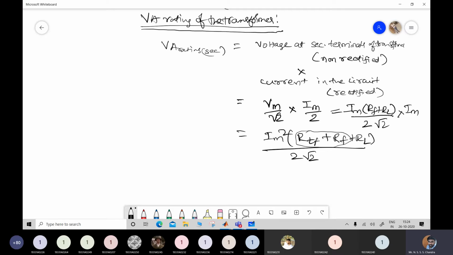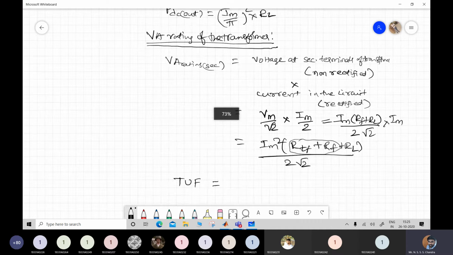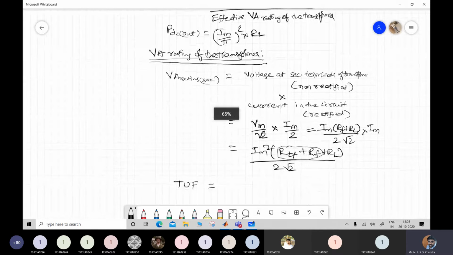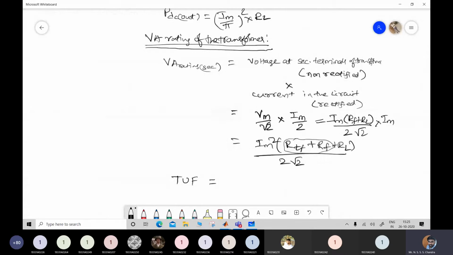Okay. So now what will be your TUF value, your transformer utilization factor? This is PDC out by the effective VA rating. PDC out will be Im squared by pi squared into RL, into, now the denominator becomes the numerator, 2 root 2 by Im squared into, if you want to consider, RTF plus Rf.